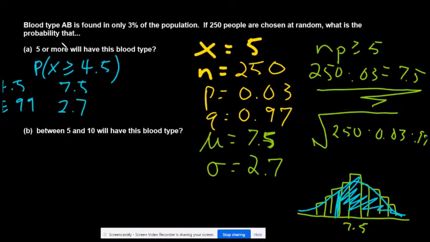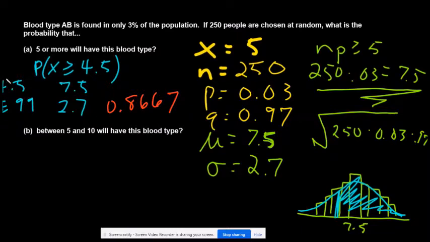If I do this, second vars 2, 4.5, 1e99, 7.5, 2.7, I get something around 0.8667, or about 86.7%. That's the chance of 5 or more being AB blood type.